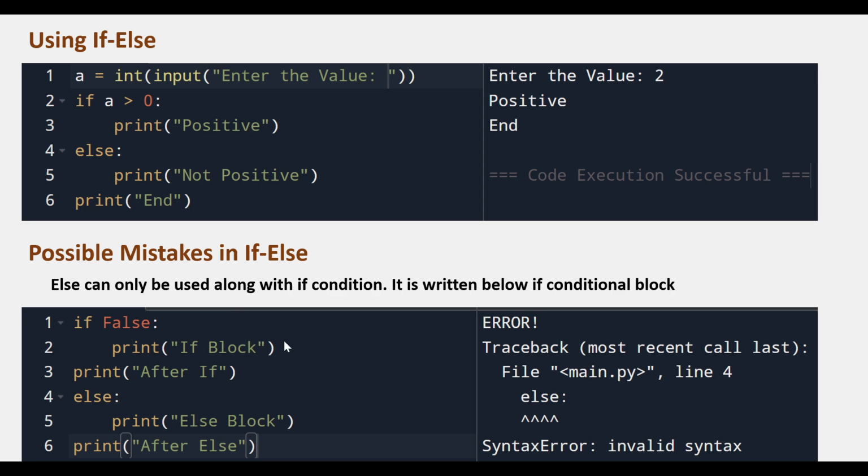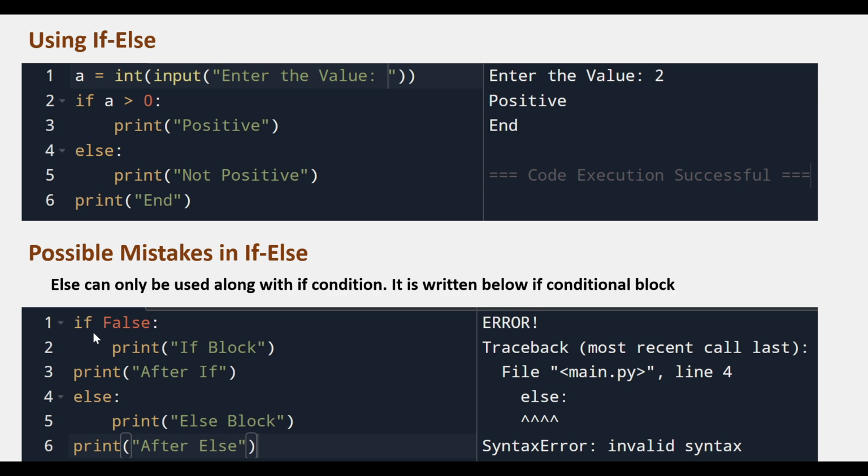Next, see the possible mistakes. Here the possible mistakes are given. Else can only be used along with the if condition. It is written below the conditional block. The else condition must be written along with the if condition only. And the next point is the indentation error.